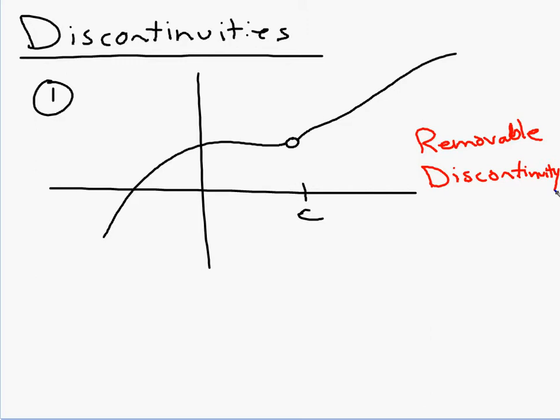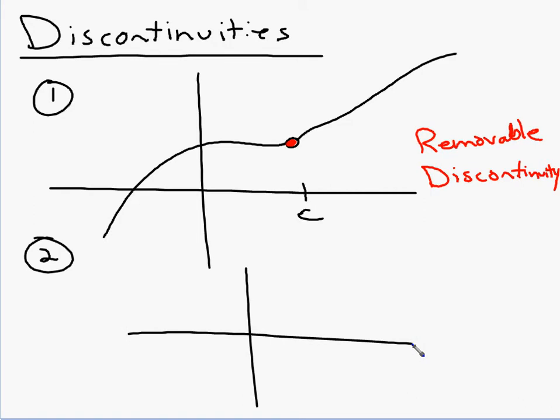Because all I would have to do to make this thing continuous is fill in the hole. If I could define the function at C, it would no longer be discontinuous. Wouldn't it be continuous now? If that were filled in. That's why it's considered removable. All right? That's the first kind of discontinuity. There's another kind. One like this. One that does this.